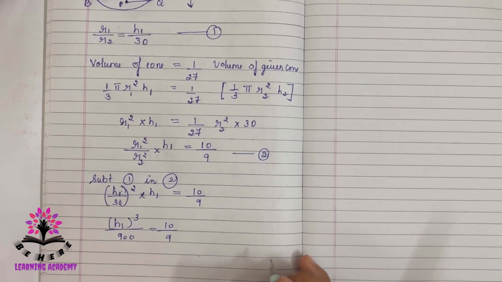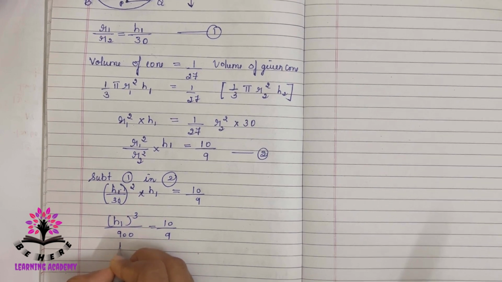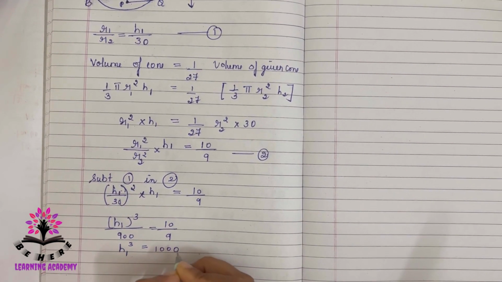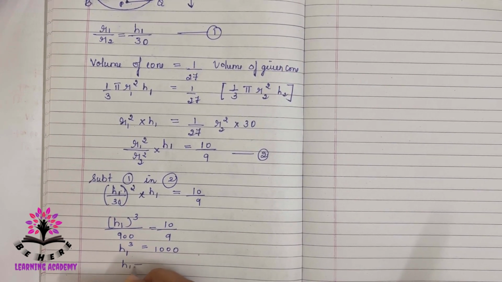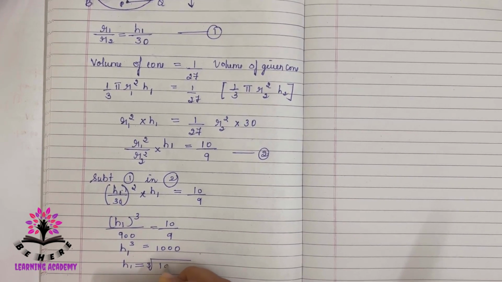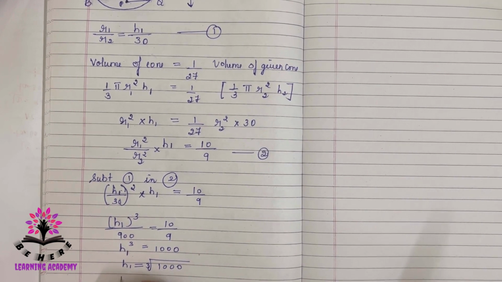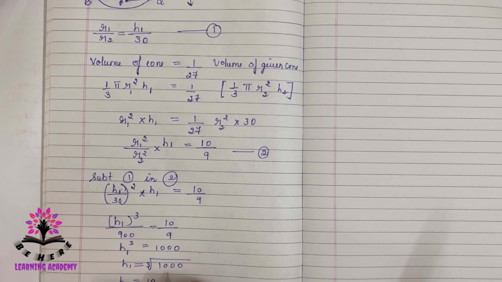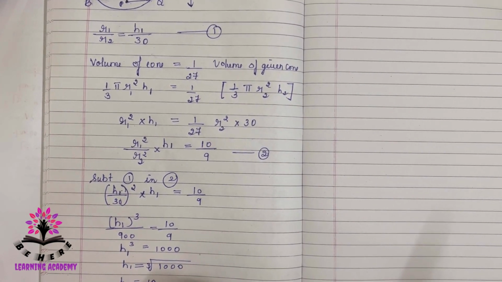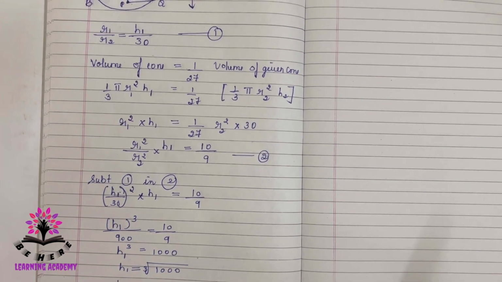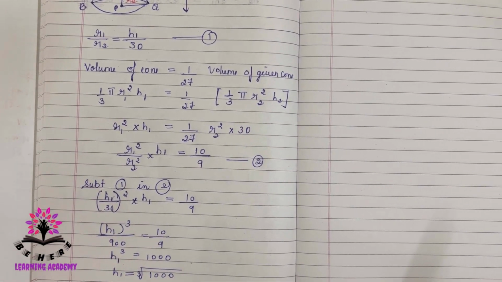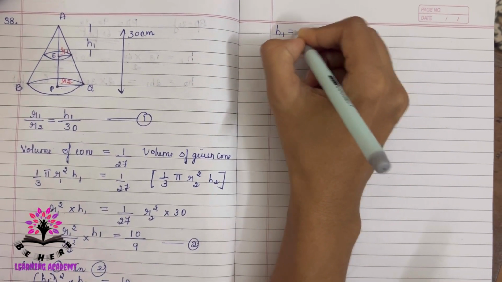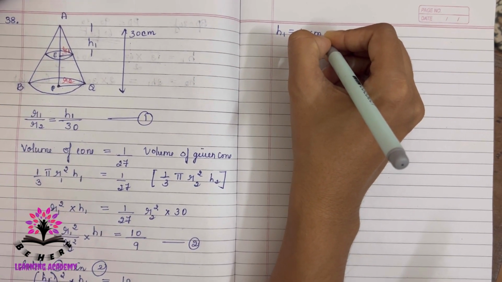We'll cross multiply this here. So while cross multiplying, h1 cube is 1000 we get. So h1 will be equal to cube root of 1000, that is nothing but h1 is equal to 10. So 10 cube is 1000. So h1 is 10 centimeter. So we got the height here, height h1. So we got h1 is equal to 10 centimeter.